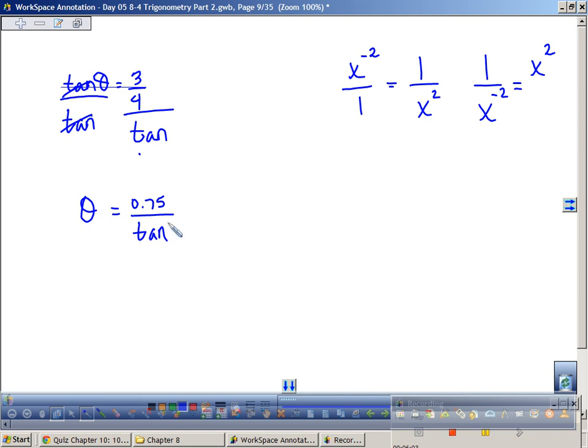I have tangent in the denominator. How could I bring it up to the numerator? I just showed you over here. If I move it to the numerator, it becomes the inverse of tangent.